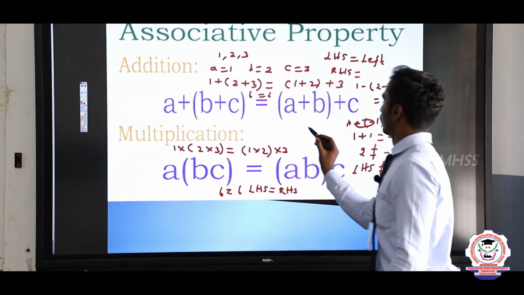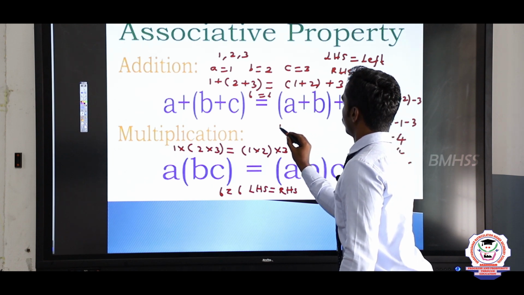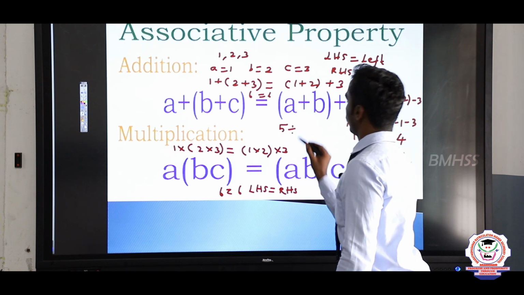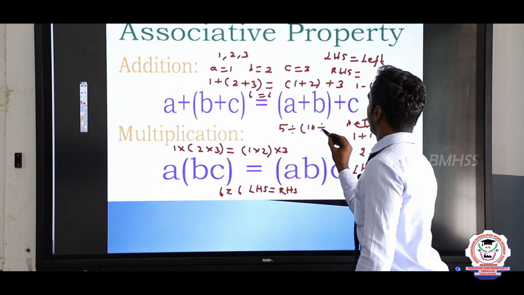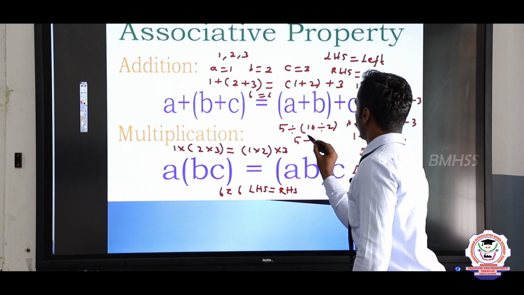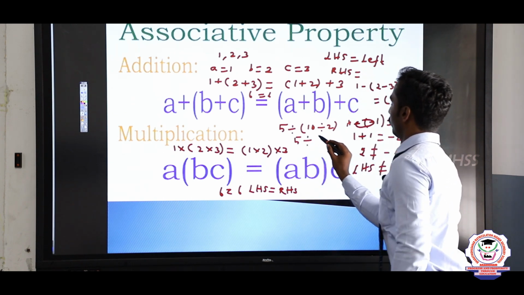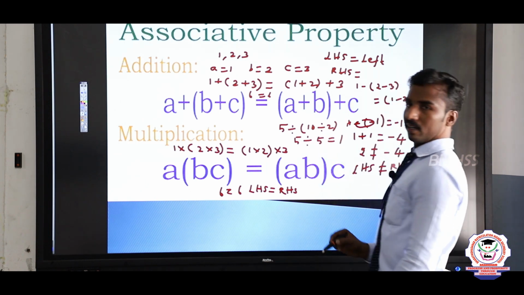Next, division. 5 divided by (10 divided by 2): 10 divided by 2 is 5, so 5 divided by 5 we get 1 only.